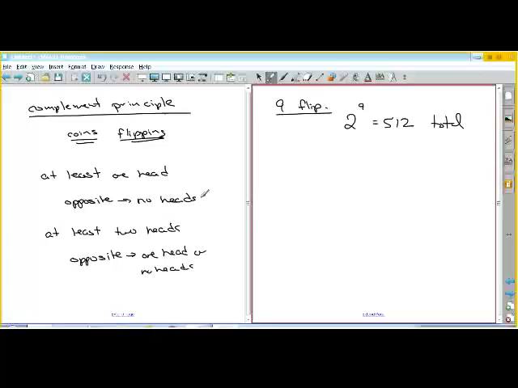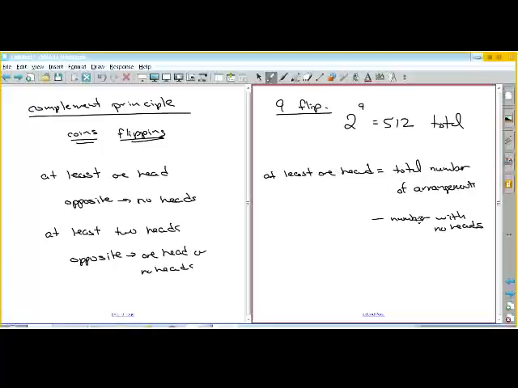The complement principle says that if you have one of these at least cases, instead of answering this question directly, if you wanted to know at least one head, what you would do is you get the total number of arrangements minus the number with no heads.